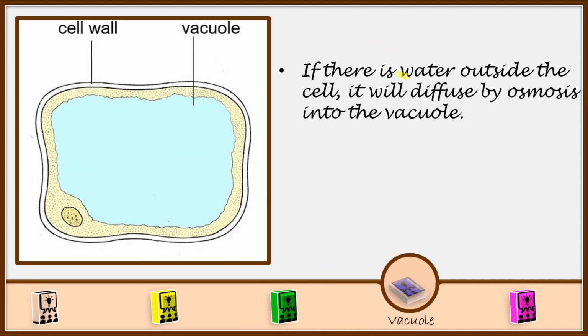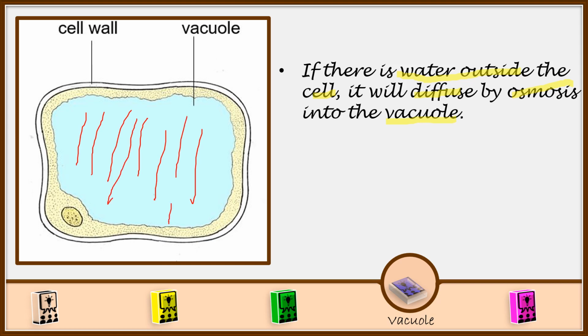If there is water outside the cell, it will diffuse by osmosis into the vacuole. As we have said, inside the vacuole we have a lot of salts and sugar. So that makes the concentration in the vacuole high compared to the concentration outside the cell.